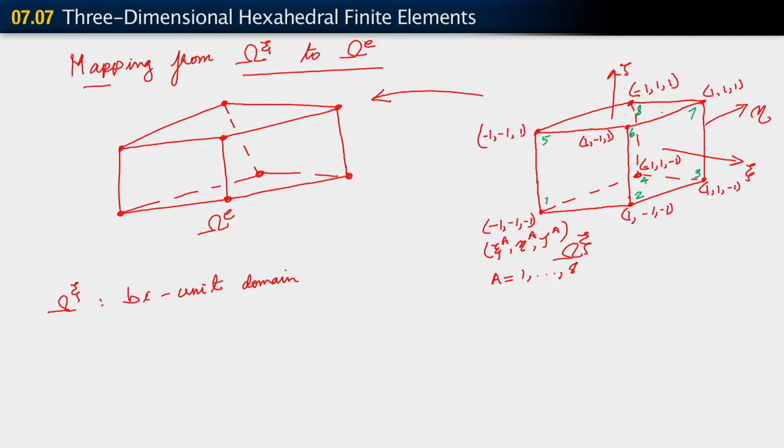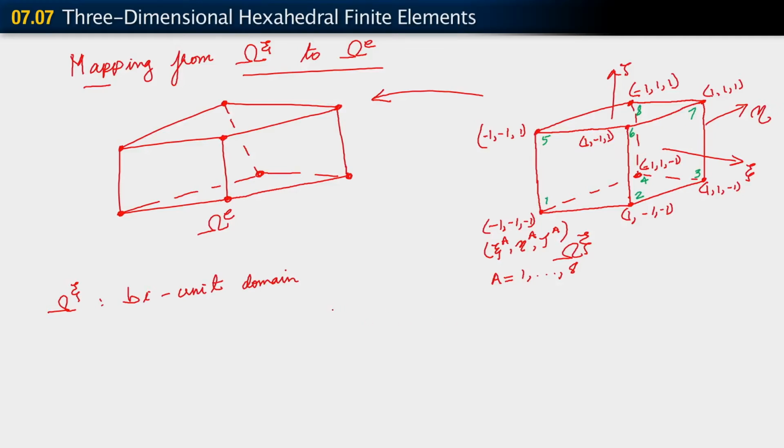Okay, once we have this, what we need to do next is go ahead and construct our basis functions. The basis functions that we have are going to be written again in terms of xi, eta, and zeta, and I'm just going to list them right now.